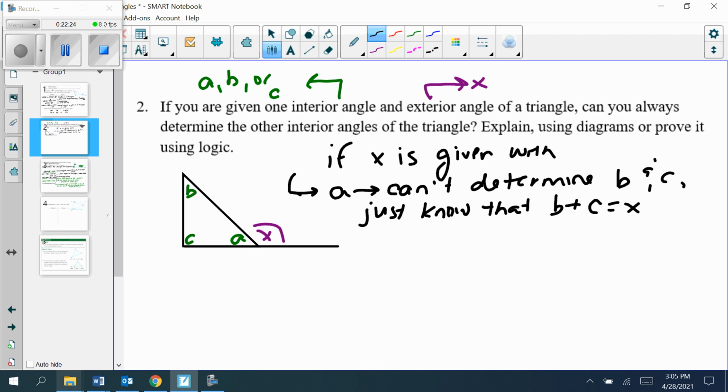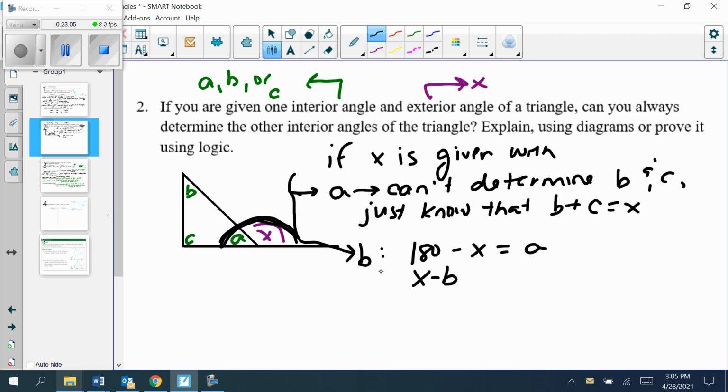If X is given with B, we know that we could figure out A. So what we could do is 180 degrees subtract X would give us measure A, right? Because this is a straight line. So if we had X, we can always figure out A by 180 subtract X. And then we could figure out B. So once we know A, we can go X minus B, because we know B, right?